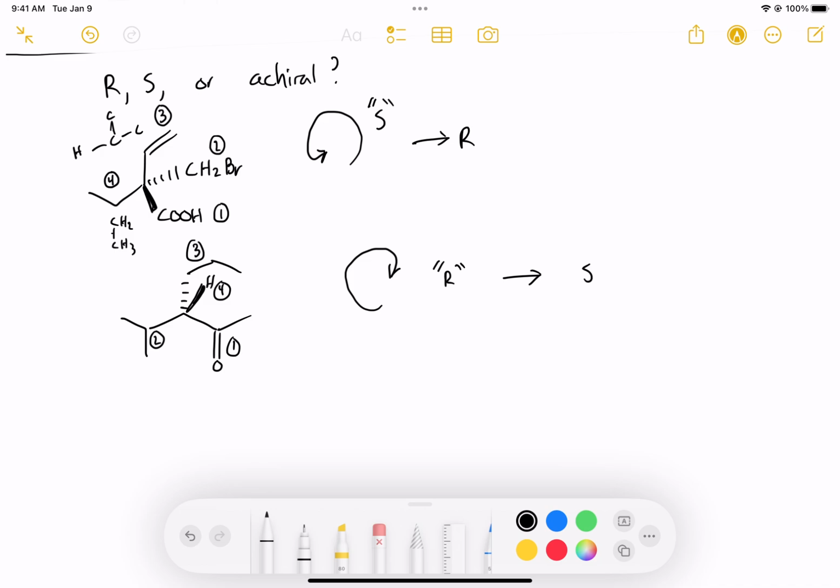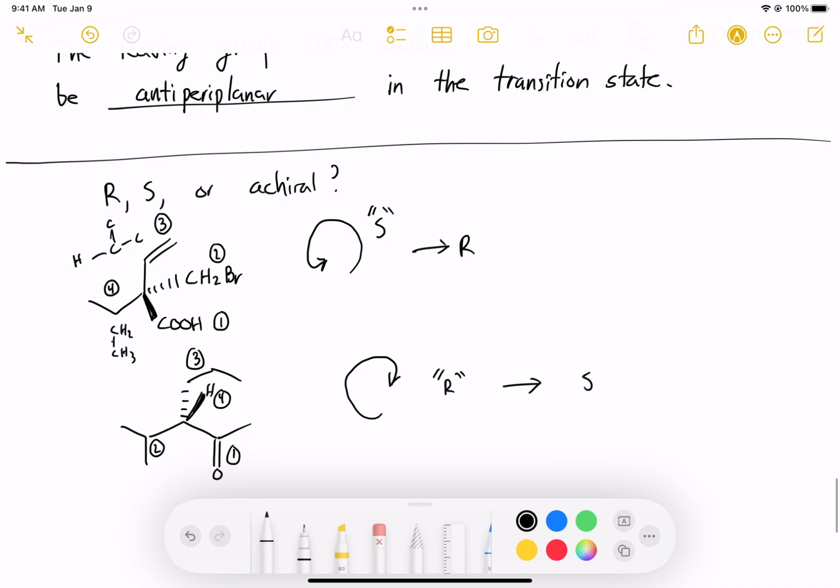I think I know what's going on here. So the lowest priority substituent has to be either wedged or dashed. So let's revert this one again. Let's see if I can figure this out. Sorry guys, this is important though.